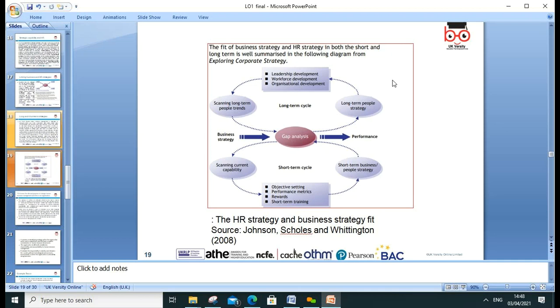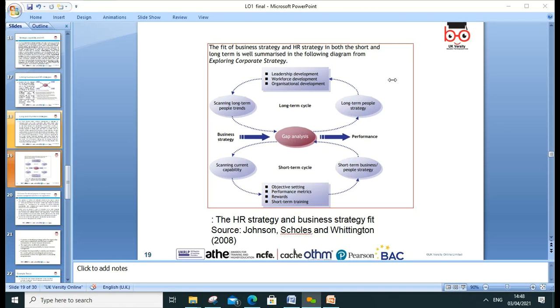Maybe think about another part of the world, like UK workers and workers in Germany. In Germany, people work 4 days, or in some organizations even 3 days, and they give the productivity of 5 days, according to CIPD, the Chartered Institute of Personnel and Development. So it's a more skilled workforce. That's why the UK government started the apprenticeship program.